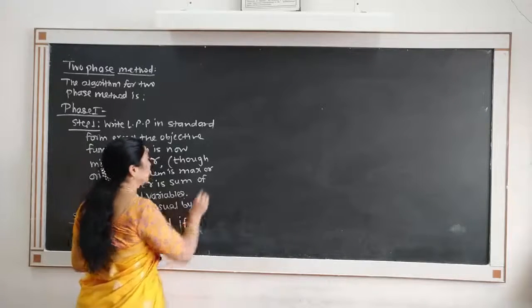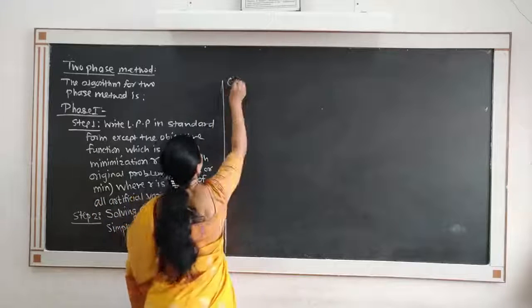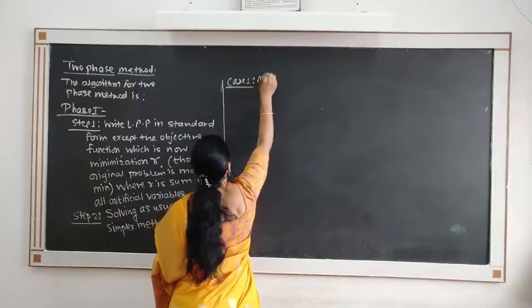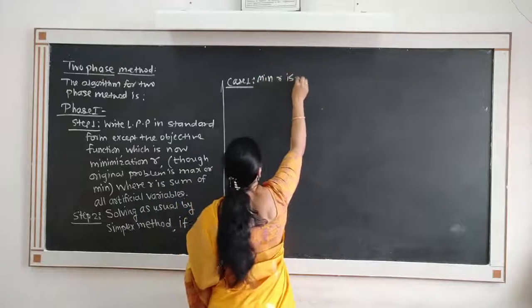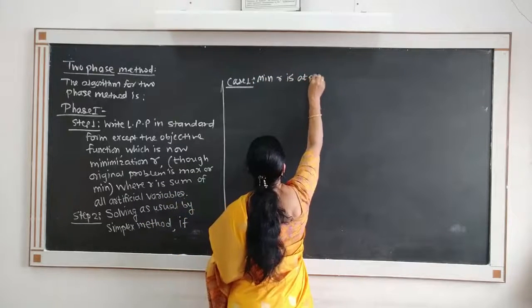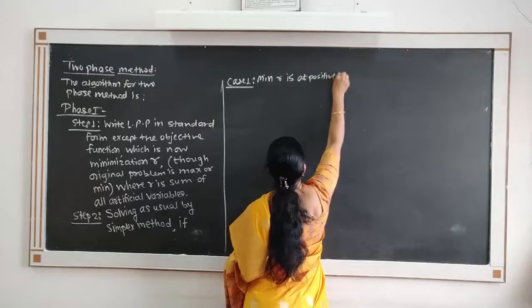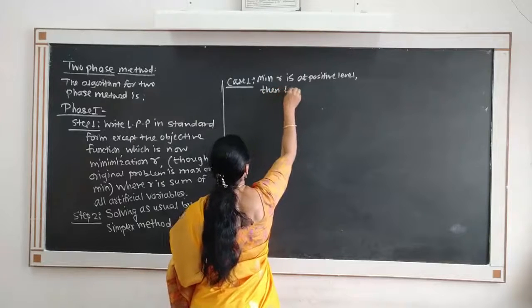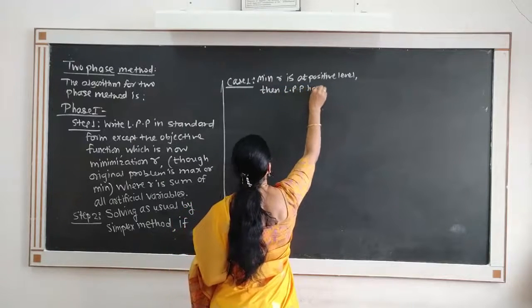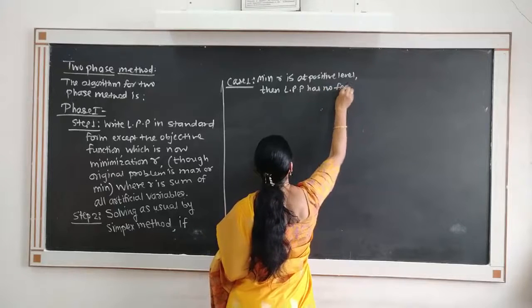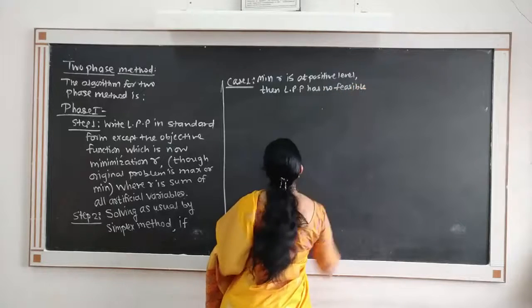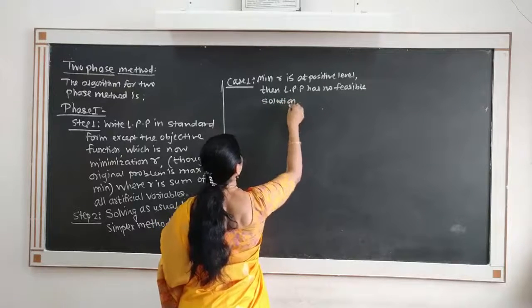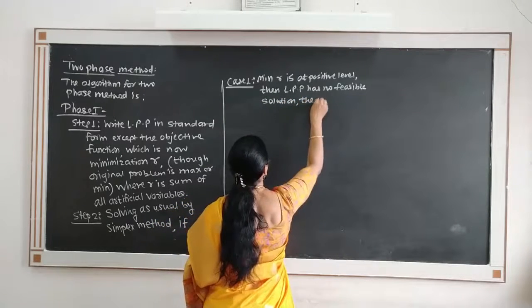Case 1, if minimum R is at positive level, then LPP has no feasible solution and the process ends.